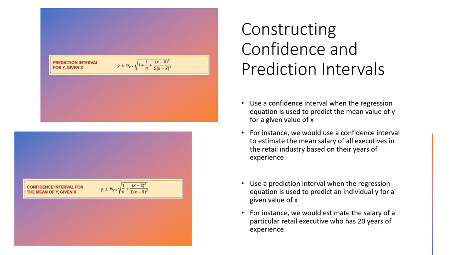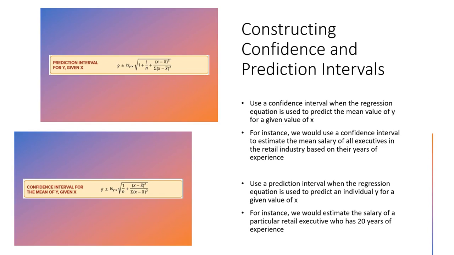In a confidence interval, the width of that interval is affected by the level of confidence, the size of the standard error of the estimate, the size of the sample, as well as the value of the independent variable. The prediction interval is also based on the level of confidence, the size of the standard error of the estimate, the size of the sample, and the value of the independent variable.